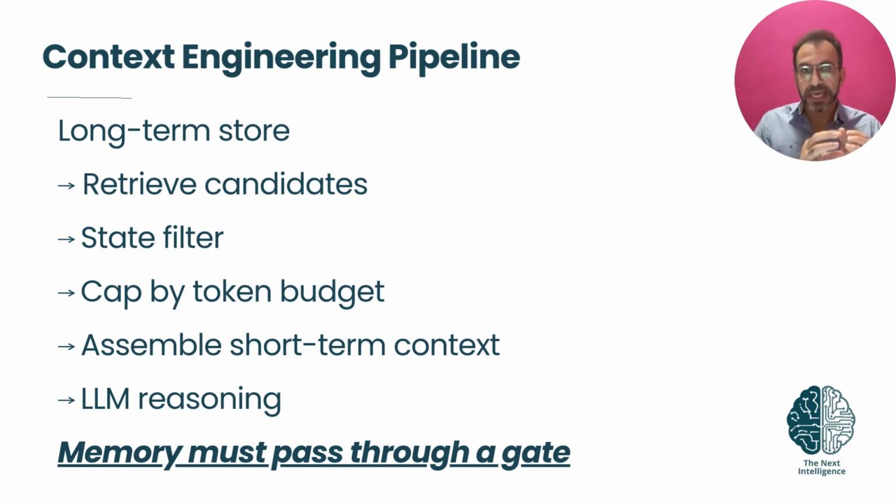So we select fewer candidates here, and then we cap by token budget according to the resources that we have at the current moment, and then we assemble the short-term context that we provide to the model to start reasoning and thinking with. So as we see here, memories must pass through a gate starting from the state filter, token budget, and so on.